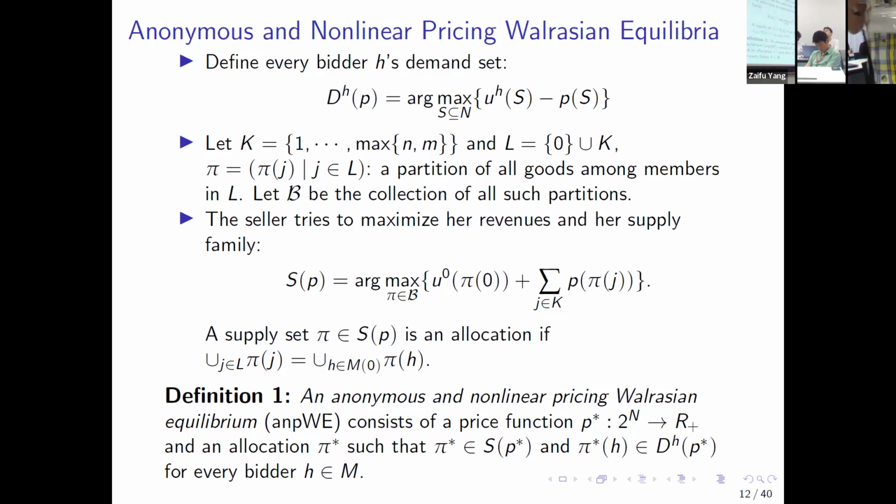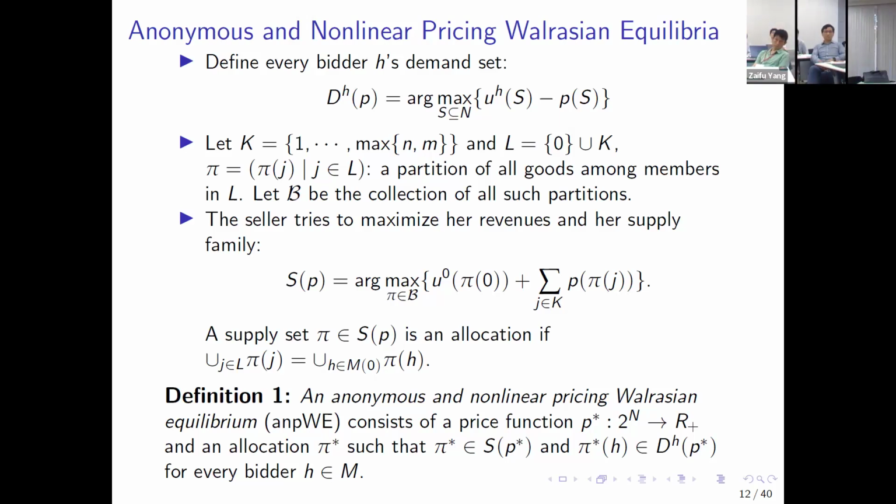Then what is the problem of the seller? So the seller just tries to maximize her revenues, and then her supply family will be the collection of such partitions which maximize the revenues of the seller.